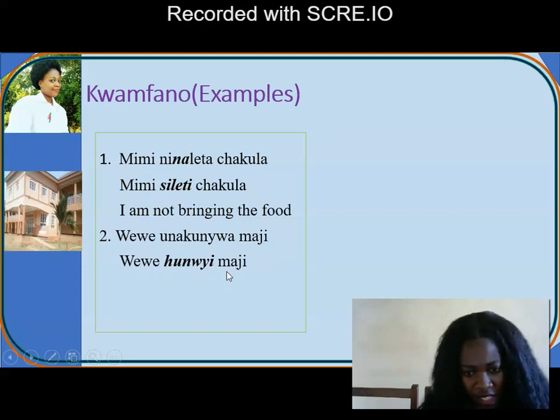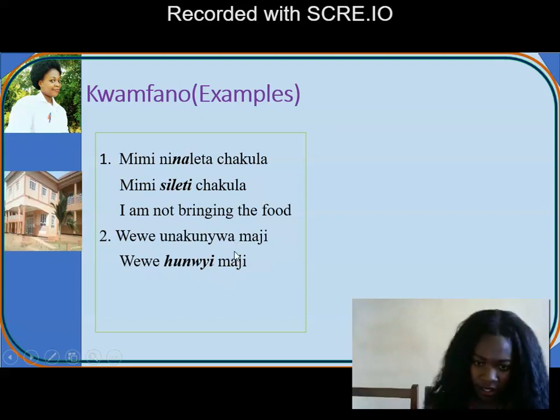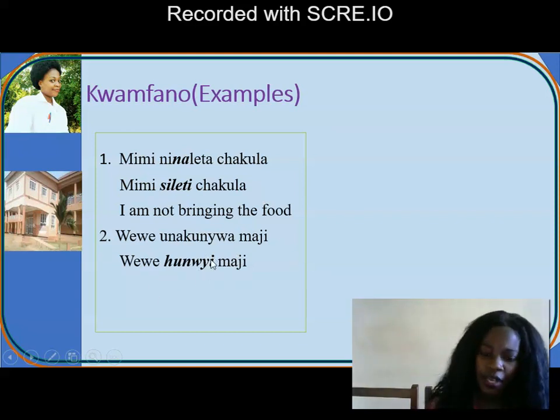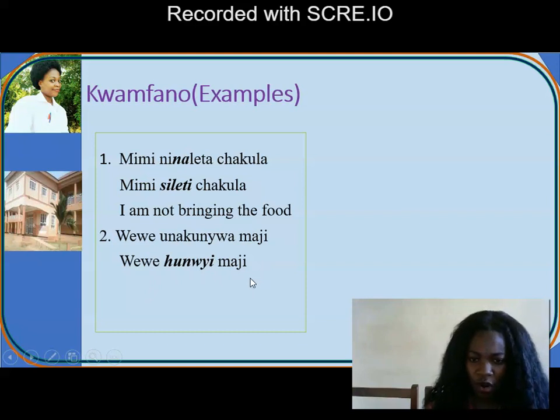We are also changing the A into I according to our rule. So you have to change A to what? To I. Wewe hunywi maji.